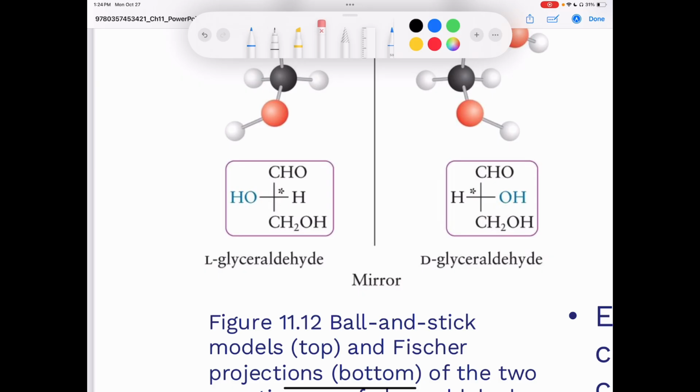So when it says L, okay, L-glyceraldehyde, the L represents that the hydroxyl on this chiral carbon is pointing to the left, and the D here represents that the hydroxyl group here is pointing to the right, okay? And keep in mind, in order for this to be valid, the aldehyde has to be at the top, otherwise the D and L designation is not valid.